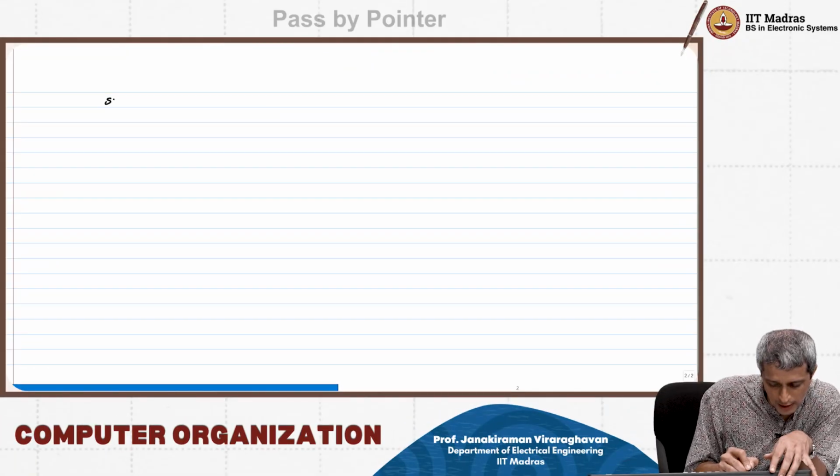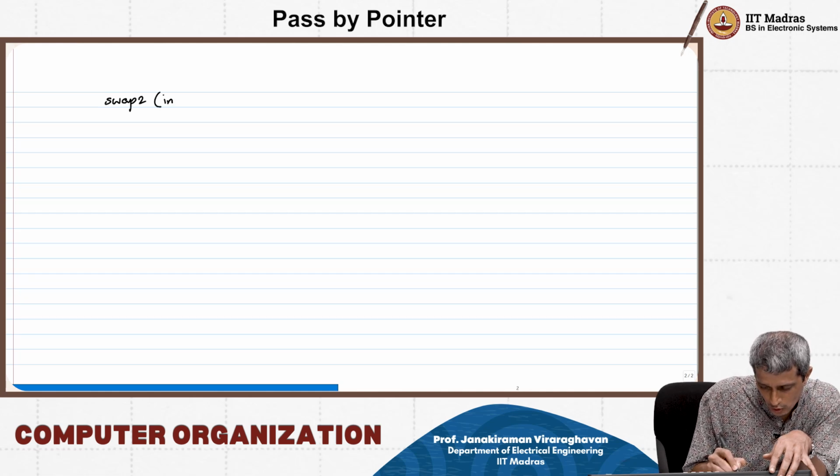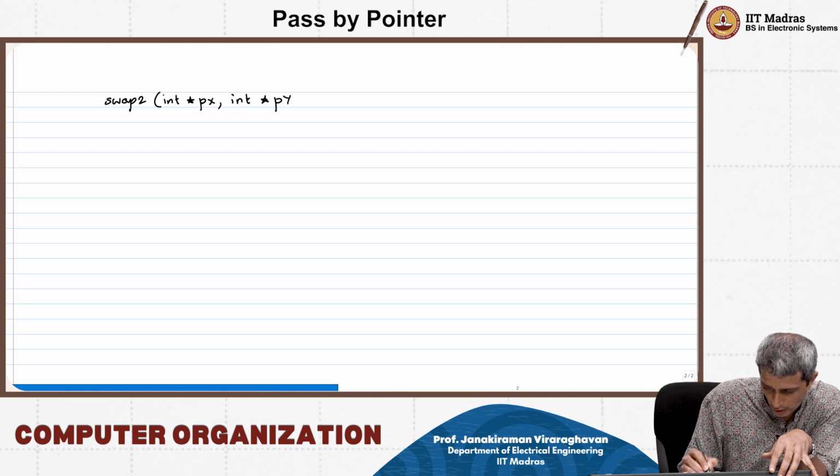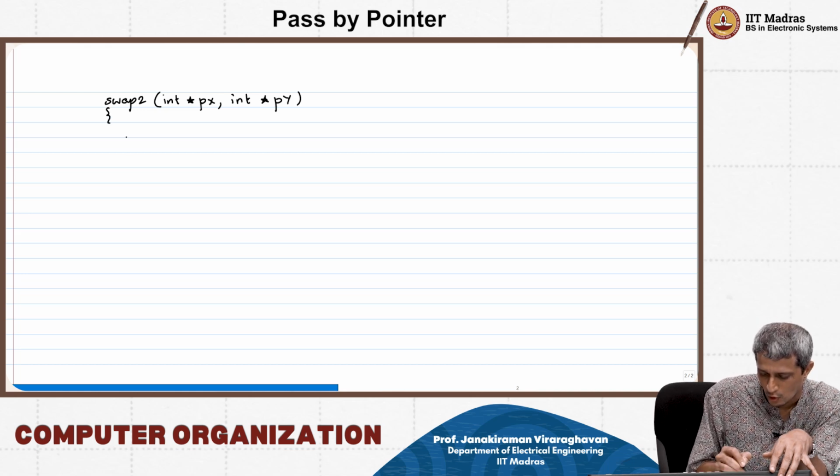So let us look at swap2(int *px, int *py). Okay, and then of course I am doing the print.